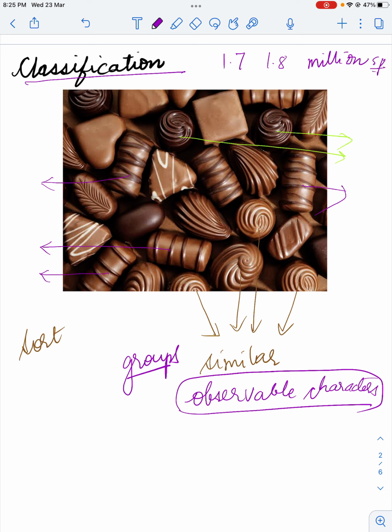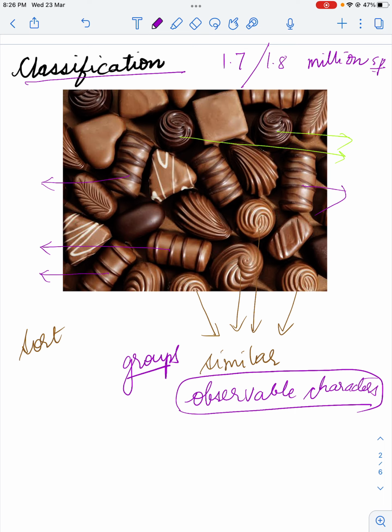And it is quite a difficult task to describe all these things. So instead, they can be classified into groups, and each group can be described with ease. That was the sole purpose of classifying living organisms.